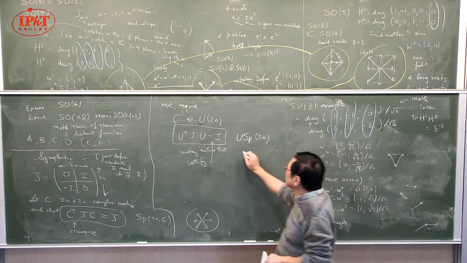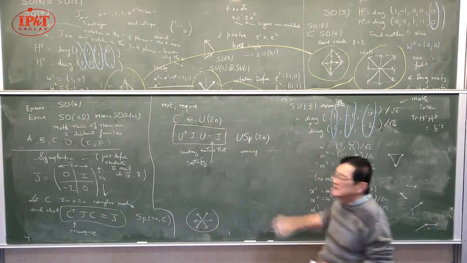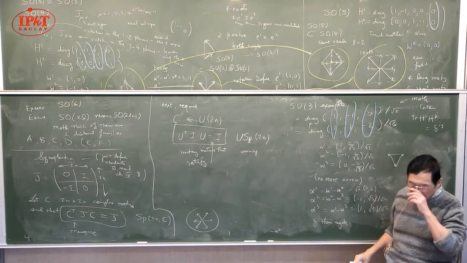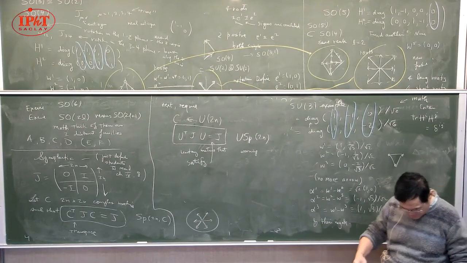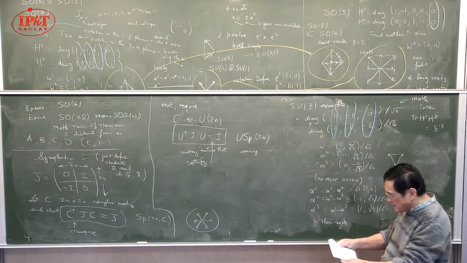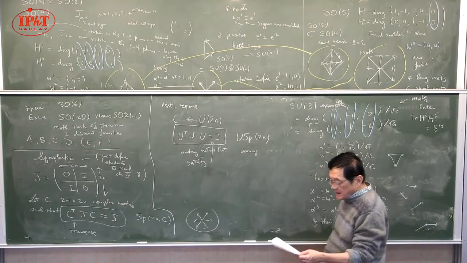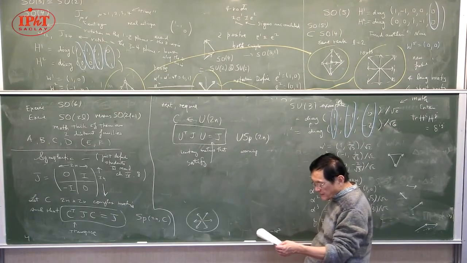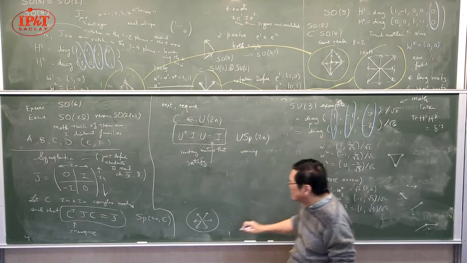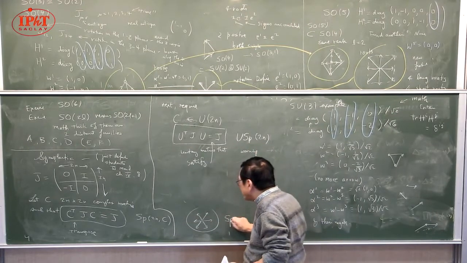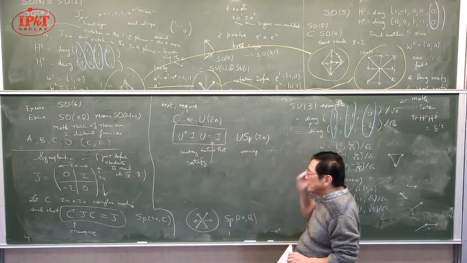Now here's a warning. Some physicists are very sloppy and they confuse USP with SP. So I can tell you, there are books written by physicists in which there's no distinction between USP and SP. This has led to a lot of confusion because in the more mathematical literature, of course, we can also define SP2n R, defined on the real matrices.